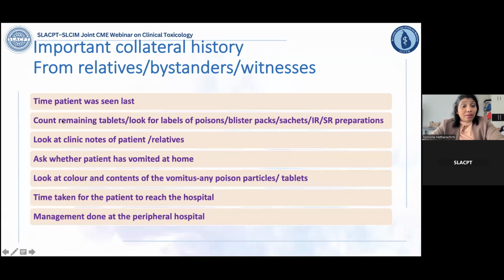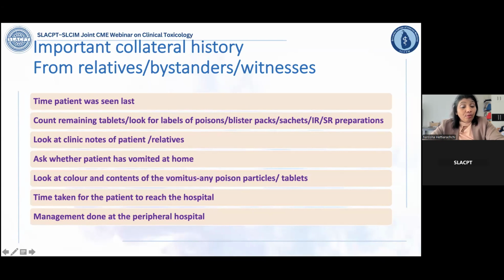You might have to count the remaining tablets if they have produced tablets, and look at the labels for the poisons, blister packs, sachets, and see whether the patient consumed any immediate release preparation or sustained release preparations. Look at the clinic notes of the patient, ask the relatives whether the patient has vomited at home, and look at the color and content of the vomitus, and if there are any poison particles or tablets, you can have a look at that as well.